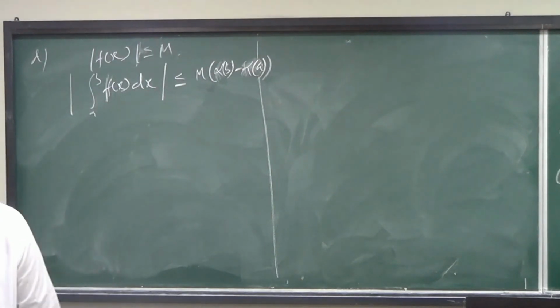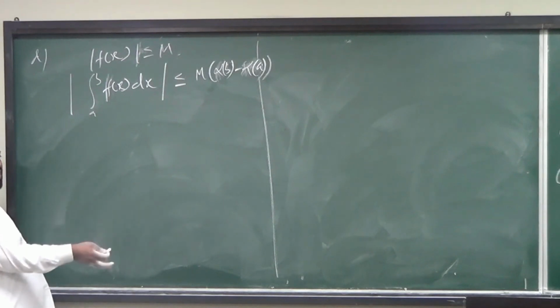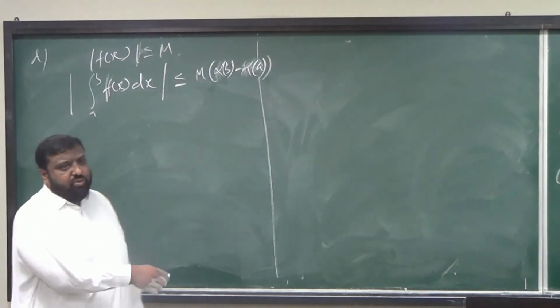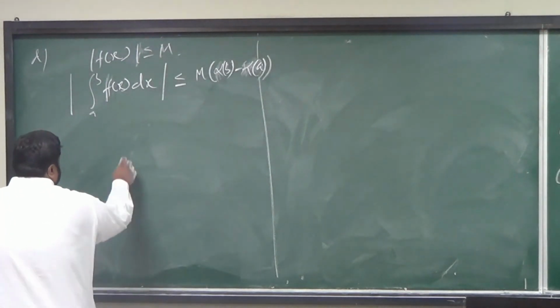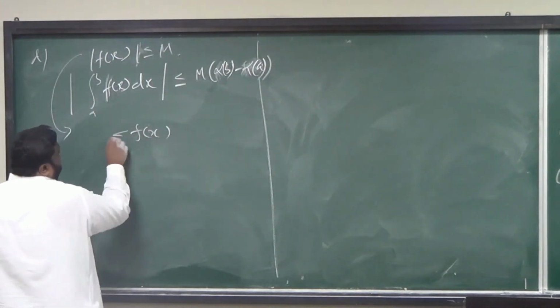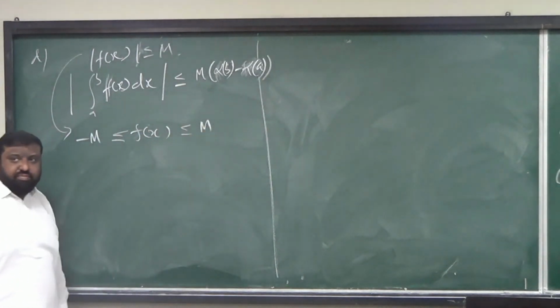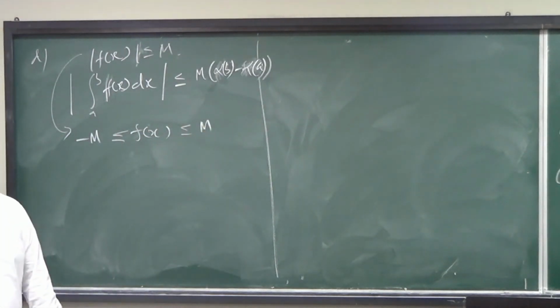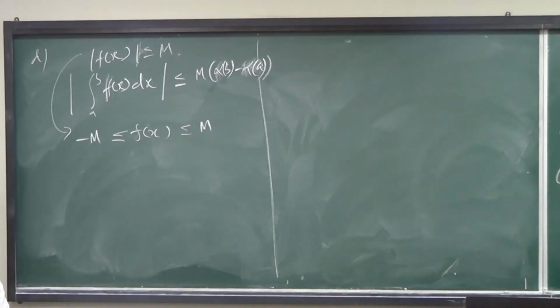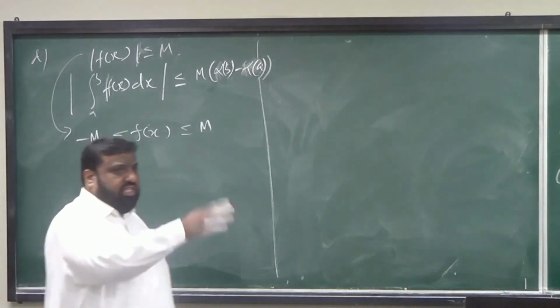Why should this be? I'm saying that it's just a corollary of the result that we just proved with part C. Think about it: what is this giving you? This is giving you that f of x is between minus M and M. Then just integrate.